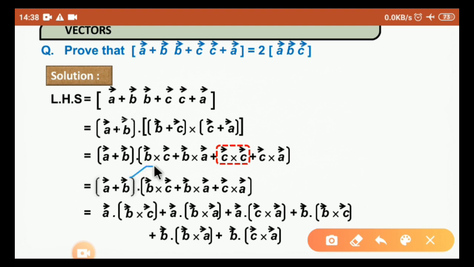See here B dot B cross C and again B dot B cross A and the last one B dot C cross A. So this is the next step of this problem.